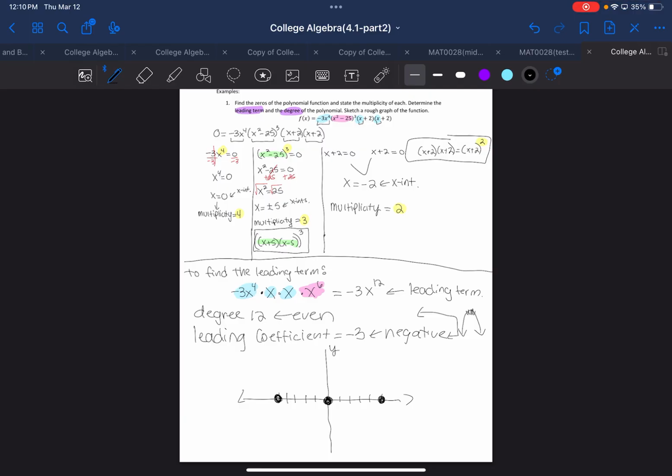And then my last x-intercept was -2, 1, 2, which is right here. So that was -5, -2, and 5. And then the middle is, of course, 0. Those are just all the x-intercepts we found, right? Good so far? All I did was plot the points.